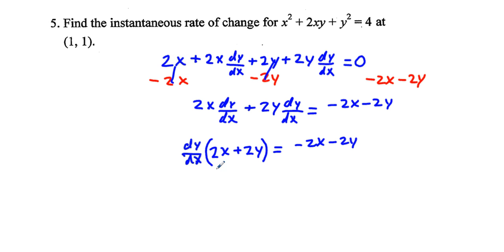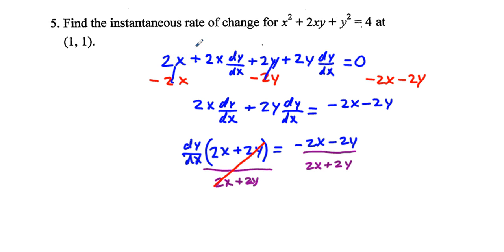And now we divide both sides of this equation by what we have factored out. We have 2x plus 2y. That's on the left side. On the right side, we divide by the same thing, 2x plus 2y. And we have a cancellation.